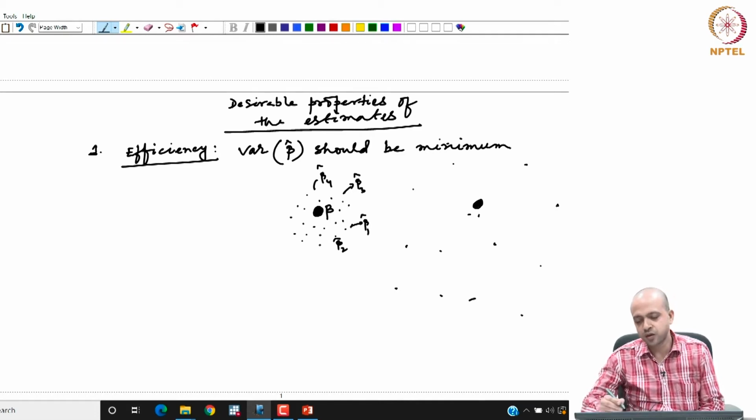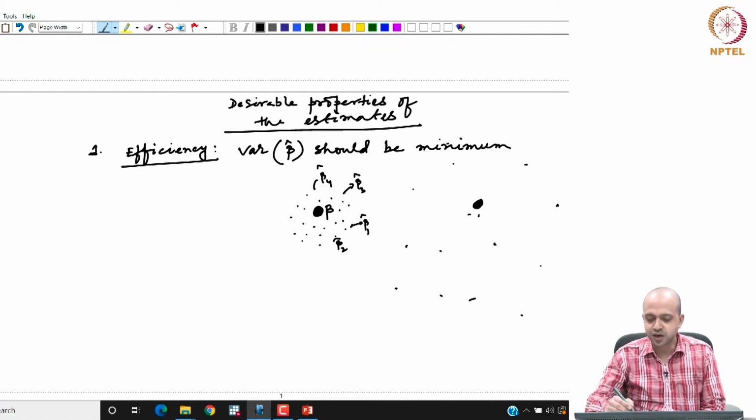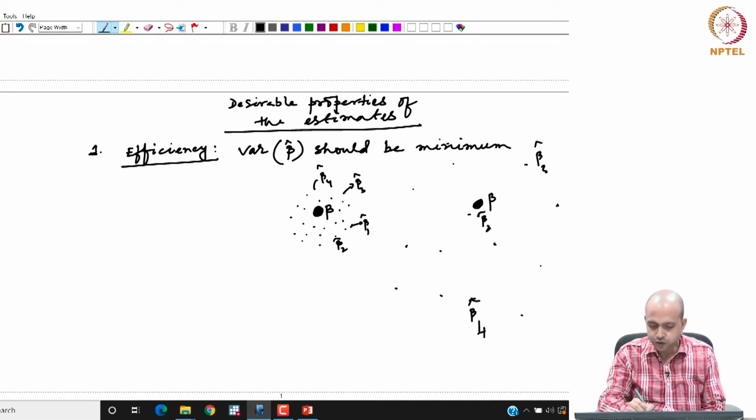Otherwise, if the variance of the beta hat is too large, that means you are basically hitting like this. This is your beta, and your beta 1 hat is here, beta 2 hat is here, then beta 3 hat, then beta 4 hat. So, this is situation 1, and let us say this is situation 2.